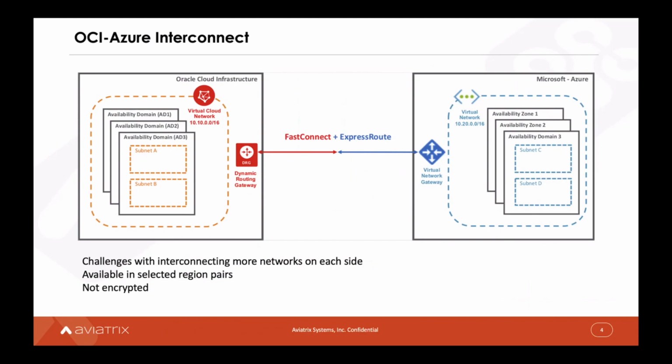Because realistically, it's still just a dumb point-to-point connection. It has no intelligence, no automation built in. It's really just a manual connection you've built between these two environments. And there's a lot of problems with that. And that's where having a controller-based architecture like the Aviatrix platform provides all the benefits, right?